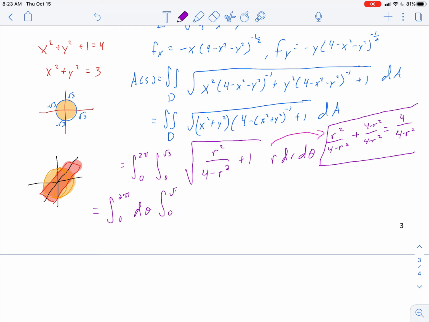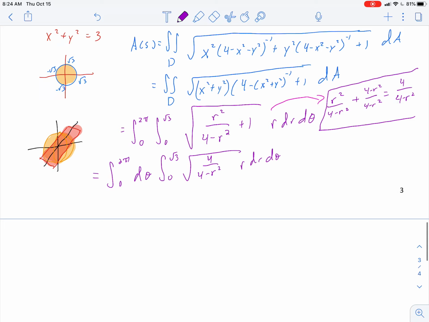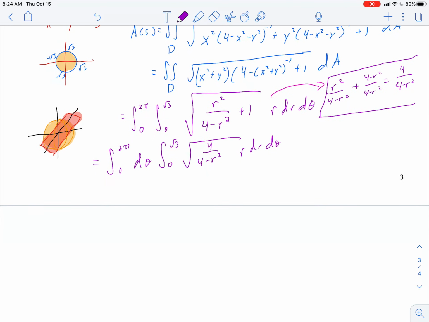And so on the inside here, adding those up, I'm going to get the integral from 0 to radical 3 of the square root of 4 over 4 minus r squared, r dr d theta. And I can actually do the square root of 4 on the top, so I'm going to do that.